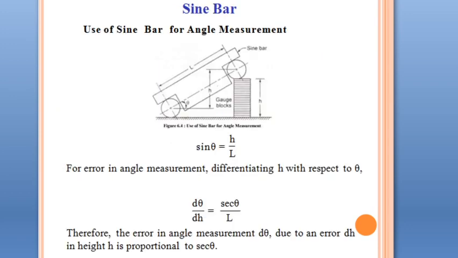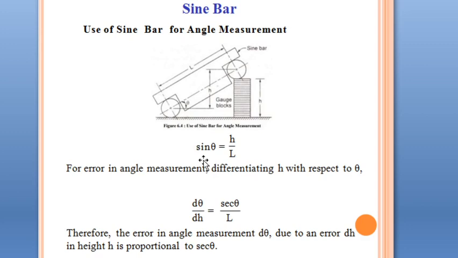Measurement using a sine bar. Theta is the inclination angle which is to be measured. The sine bar is placed over the inclined part. Here the work part is placed, and the taper portion is the inclination angle we have to measure. The slip gauge height or gauge block height is h. Theta is the inclination angle.